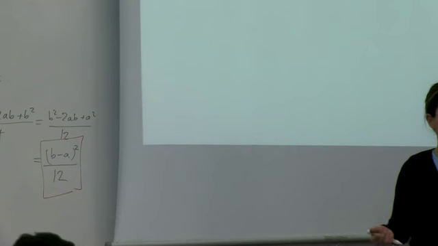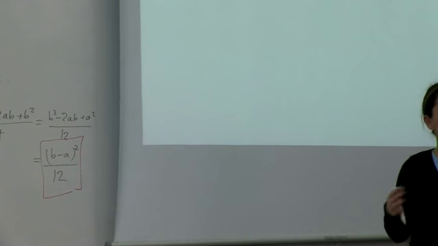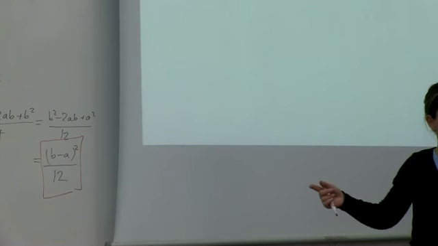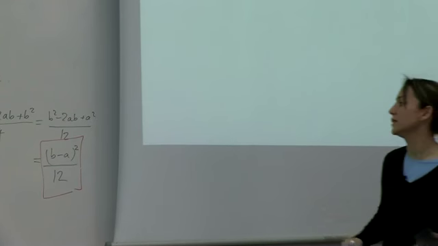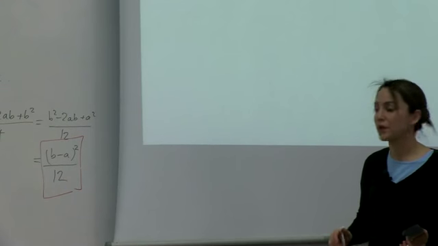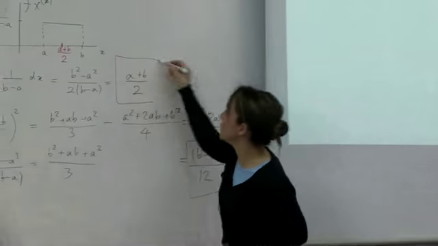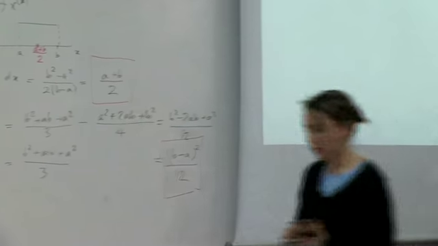You find the standard deviation. The standard deviation has the same units as the random variable itself. So the variance should have the square of the units. So it makes sense that it's (b minus a) squared. Okay, so now we know the expectation and the variance of the continuous uniform.